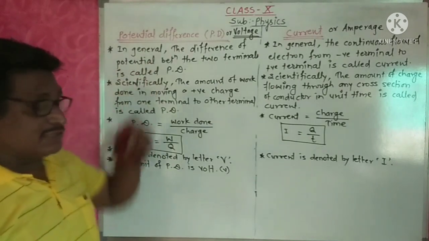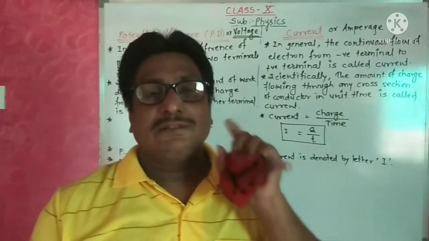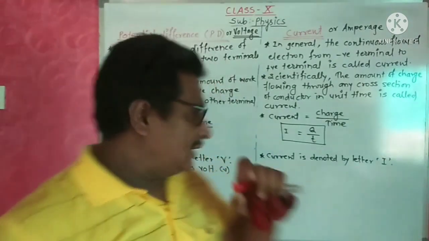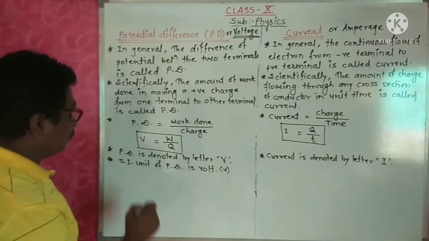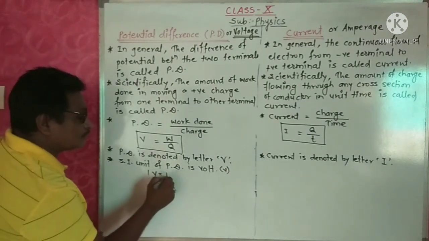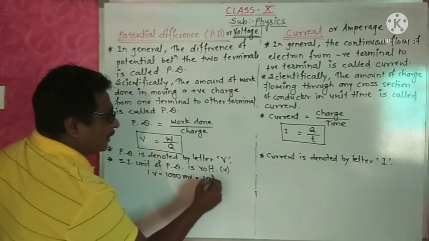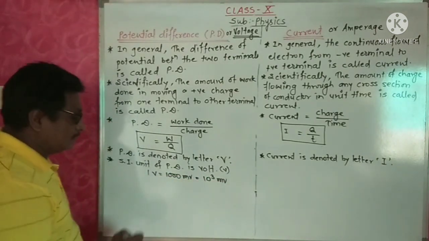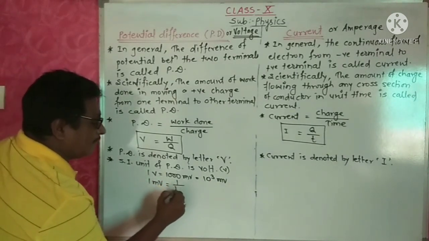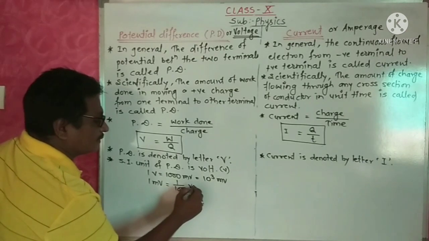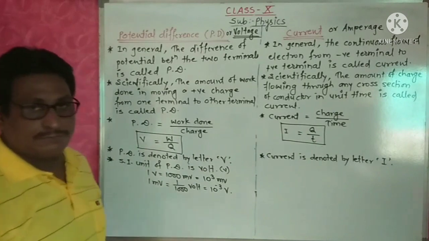Who discovered the potential difference? Alessandro Volta. In honor of that, the unit name is volt. Understood? So 1 volt equals 1000 millivolt or 10 raised to the power 3 millivolt. 1 millivolt equals 1 by 1000 volt or 10 raised to the power minus 3 volt.